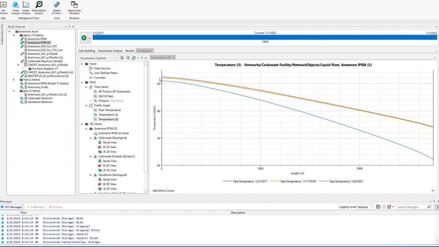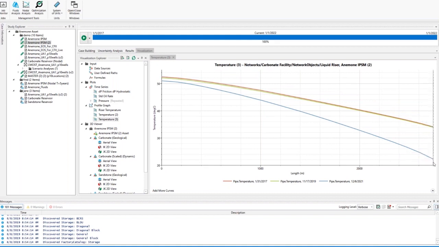And you can see we begin at a fairly good temperature, about 52 degrees Celsius at the sea floor. So remember, the wellhead is at the sea floor. It's a wet wellhead. And by the time 2,500 meters are done, or 3,000 meters are done, which is at the exit of the FPSO, the temperature has dropped to 34 degrees. So that goes on for first couple of years. But in the fourth year, we can see the temperature has dropped quite a bit at the FPSO.